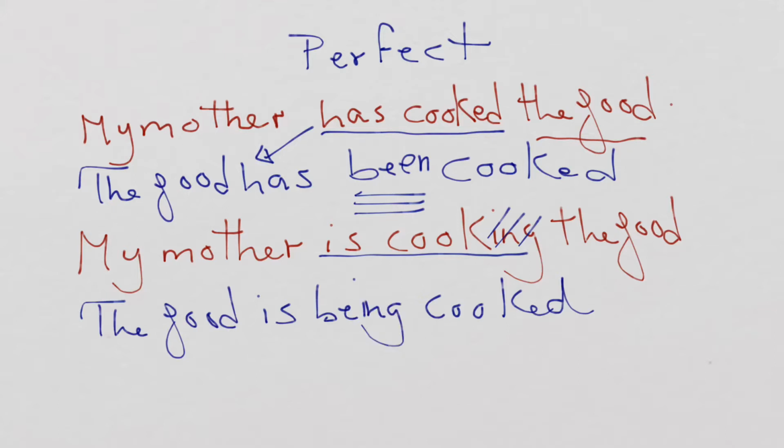So we have explained all the tenses and how can you change them into passive form. Okay, still only a very important example you have to pay attention to. It's a very important example, so please pay attention to it.